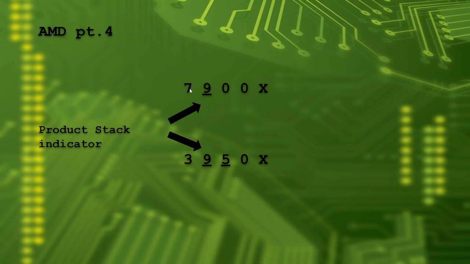I'll touch on this more in just a second. I will say this, AMD uses 900 or 950. The 950 is better than the 900 in the same generation. Why they don't keep the double zeros in both and they just shift the numbers around, it's marketing.